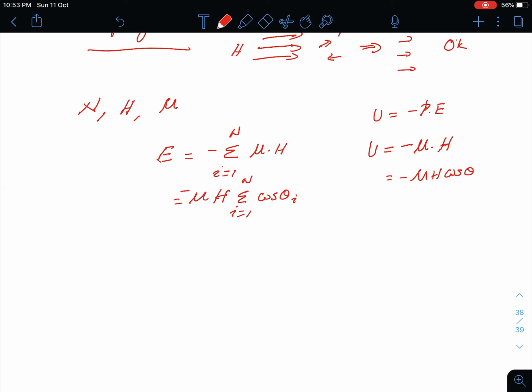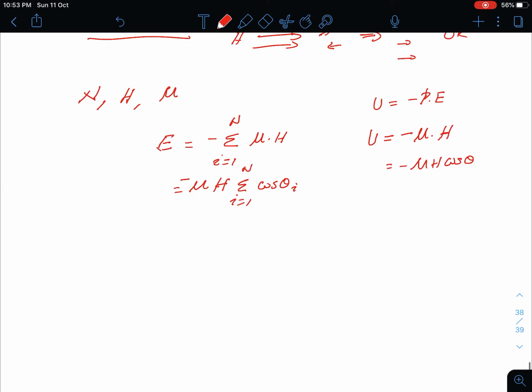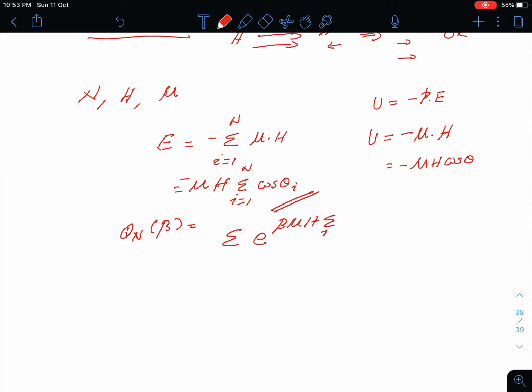The expression for the partition function is Qn of beta, given by sigma e raised to minus beta H, where H is this quantity. So minus minus gets cancelled: beta mu H sigma i equal to 1 to n cos theta i.